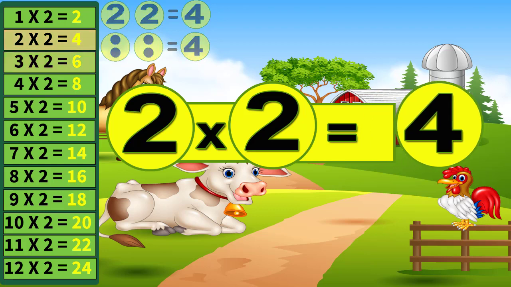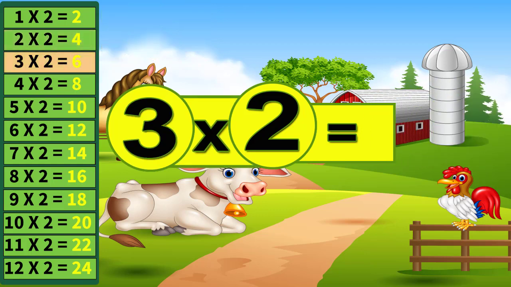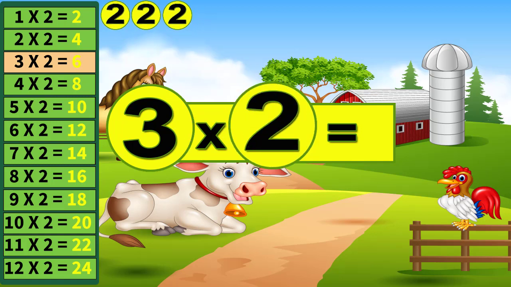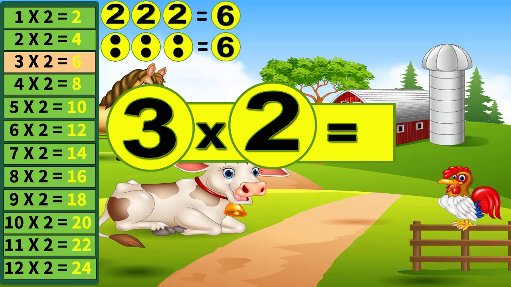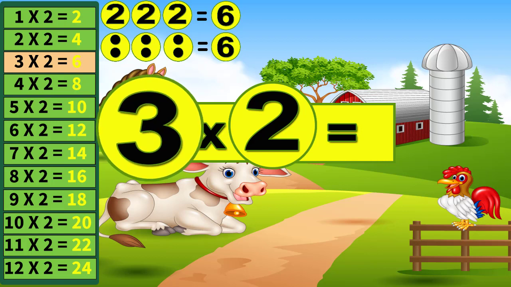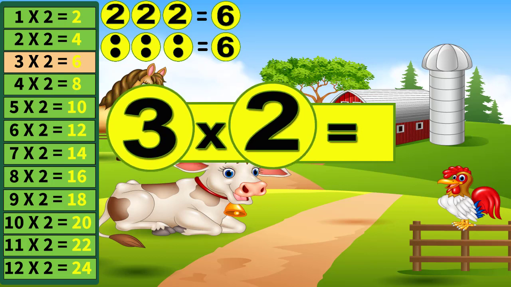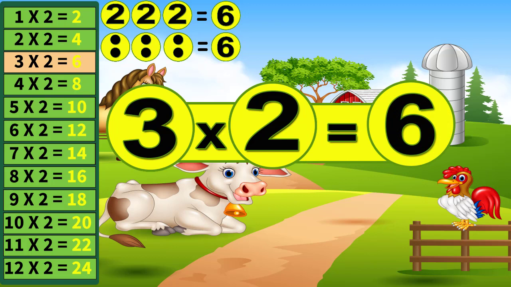Now, we have 3 times 2. Times meaning 3 of. So, 2 and 2 and 2 is 6. So, 3 times 2 equals 6. You understand?